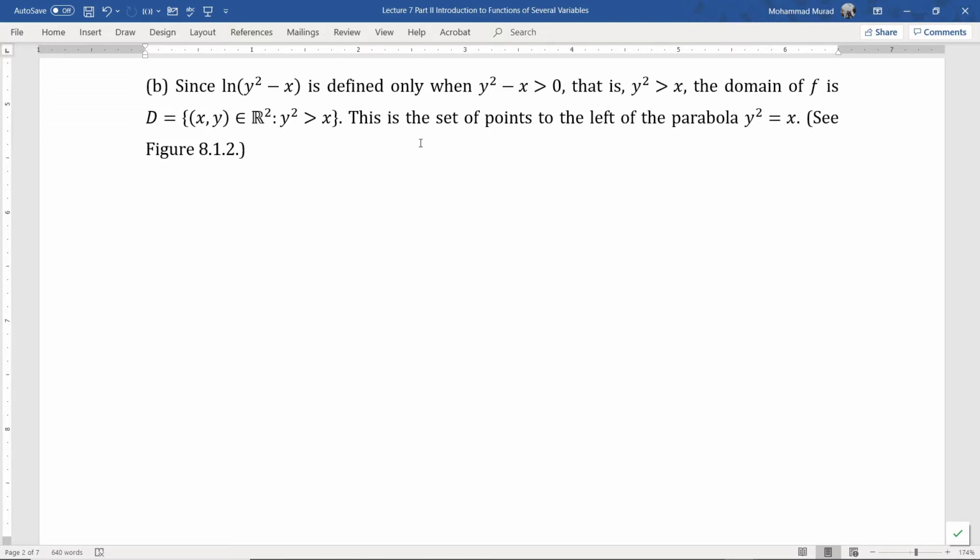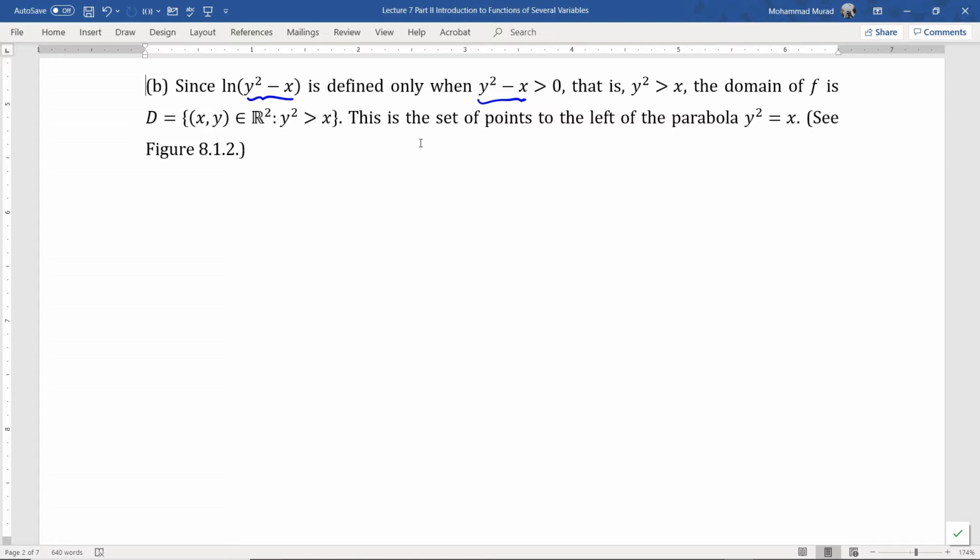To find the domain in question B, we see that the natural log of y squared minus x is defined only when y squared minus x is a strictly positive real number. That is, y squared is greater than x.